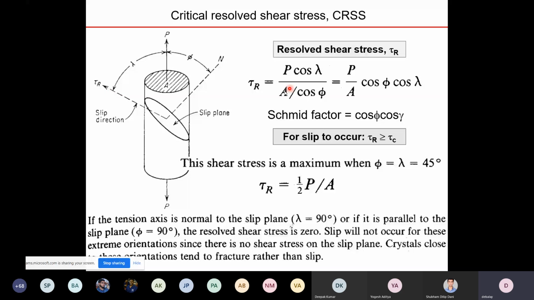So tau r equals P by A cos phi cos lambda, where cos phi cos lambda is called the Schmid factor. For slip to occur, tau r needs to exceed the critical value, tau c, which is called the critical resolved shear stress. When phi and lambda are 45 degrees, that is the most suitable condition, as the tau r value is highest and there is a high chance that the critical value would be crossed.